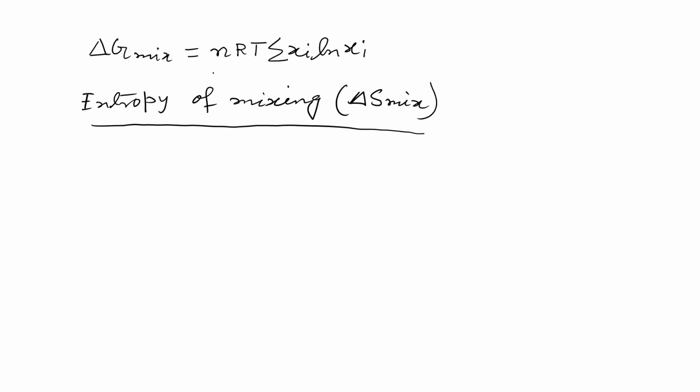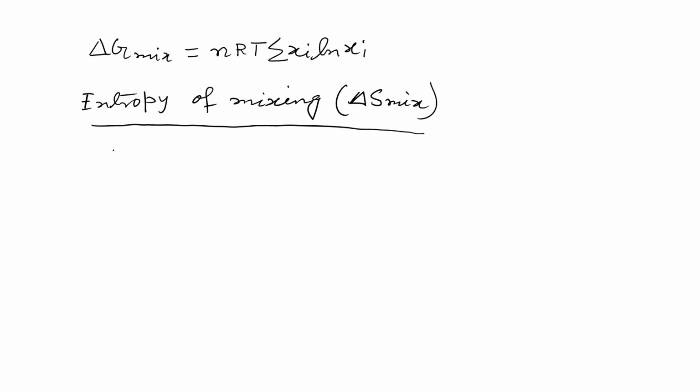When two or more ideal gases are mixed, the entropy of mixing is the final entropy, that is the entropy of the mixture, minus the sum of the entropies of the pure individual gases at the same temperature and pressure.